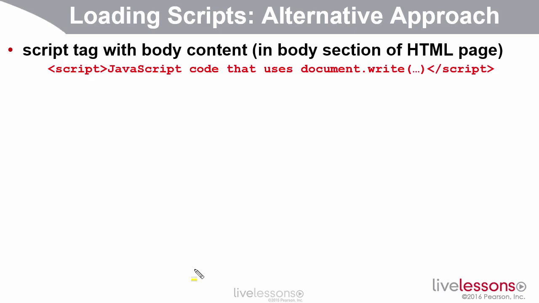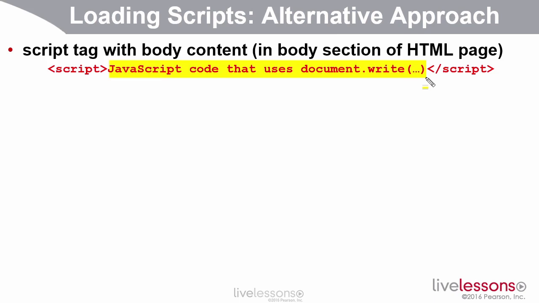And instead of executing the functions later when the user does some actions, you can put a script tag in the body and put some JavaScript code right inside the script tag, between the start and end tag, and that JavaScript code would call document.write. That means generate some strings and insert the value of document.write into the HTML page at the location that this script tag appears, so that the HTML content is being built as the page is initially loaded.